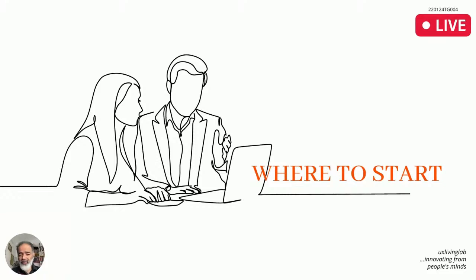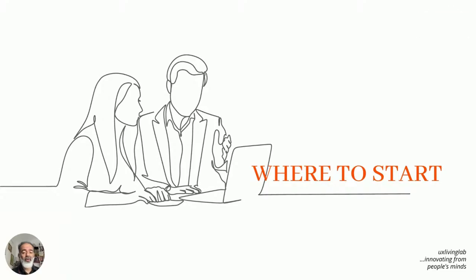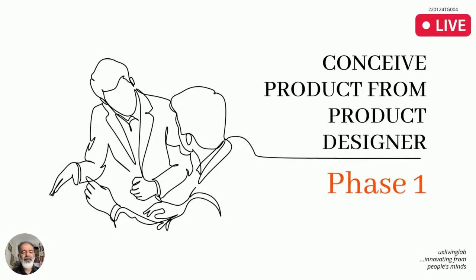So where to start? This is a really interesting question. As a UI designer, from where do you have to start? The first step is to conceive the product from the product designer.